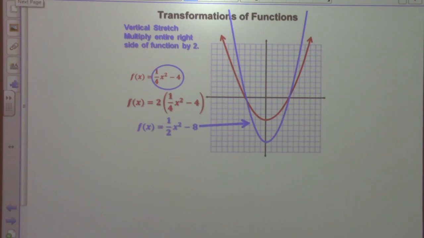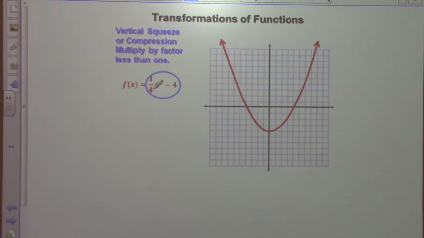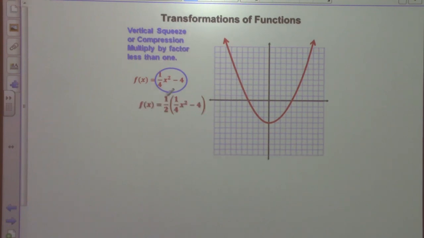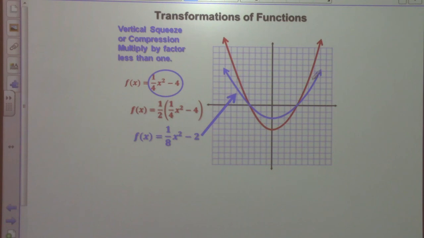And for a vertical squeeze or compression, what would you multiply this entire function by? You multiply by a factor of less than 1. In this case, if we multiply the whole function by 1/2, we would get 1/8 x squared minus 2, which when graphed would look like this blue one here.